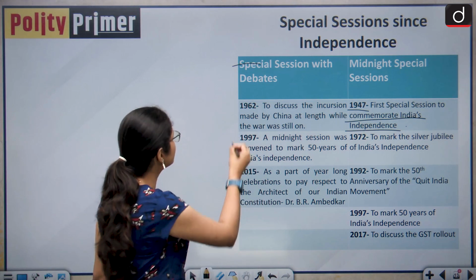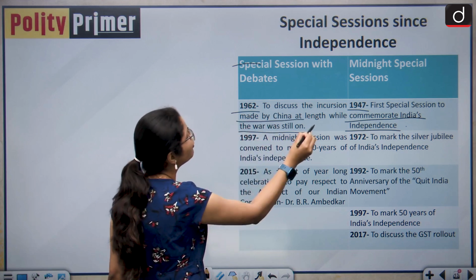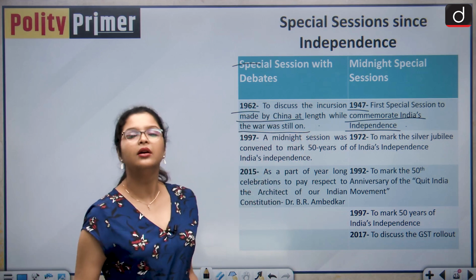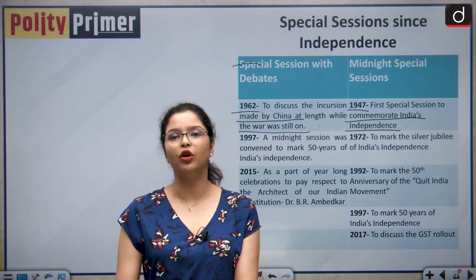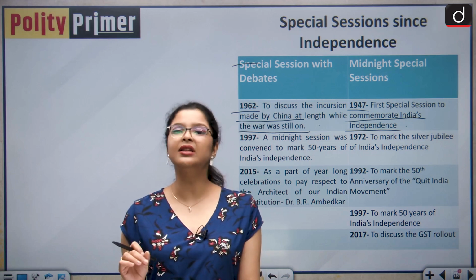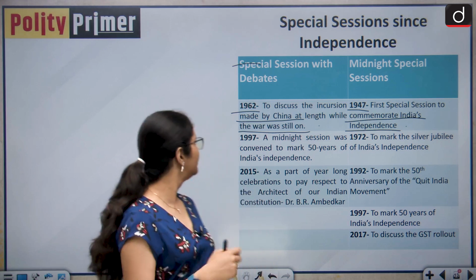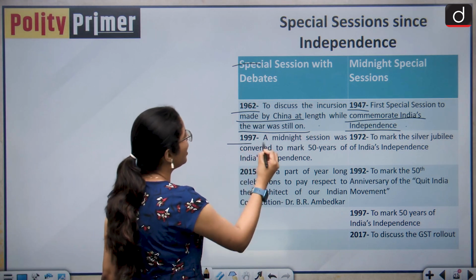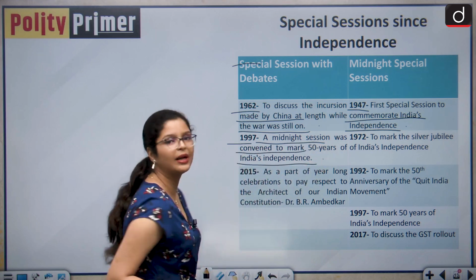Then in 1962, to discuss the incursion made by China at length while the war was still on. So in 1962, we were having the crisis of the Indo-China war, and China was quickly progressing. So to assess the situation, this special session was called by the then Prime Minister of India. Then 1997, a midnight session was convened to mark 50 years of India's independence.